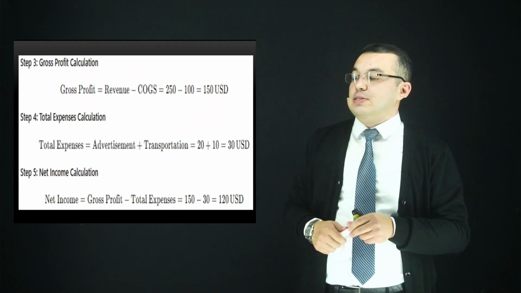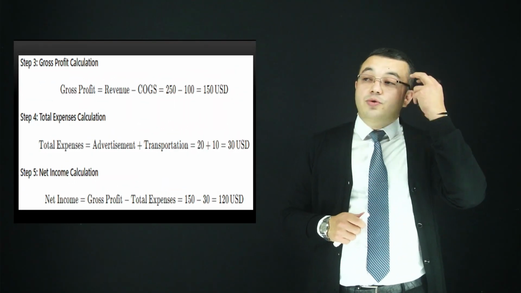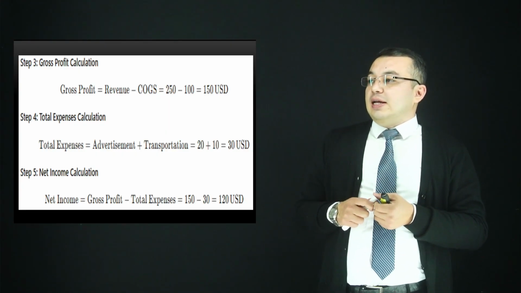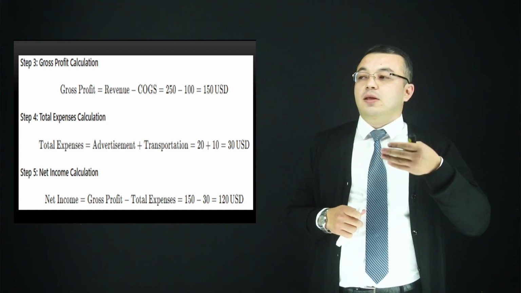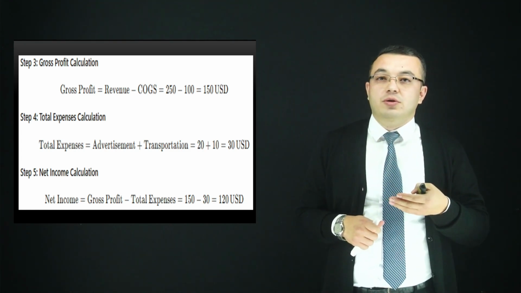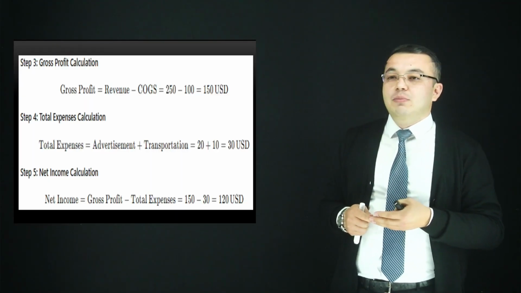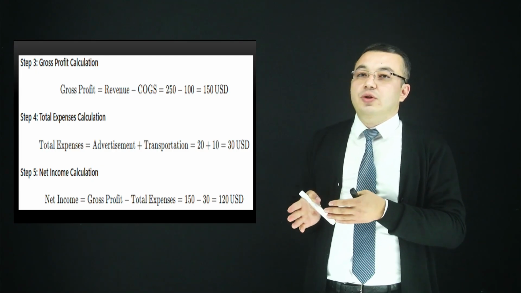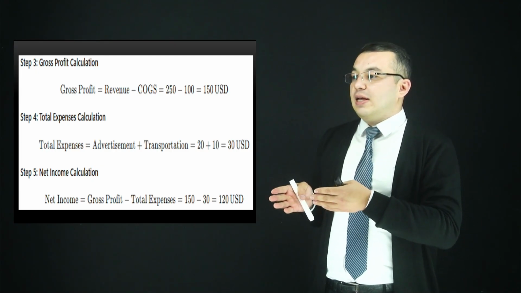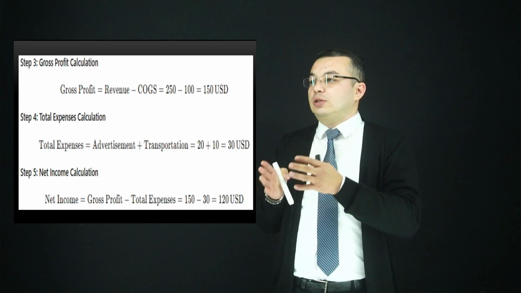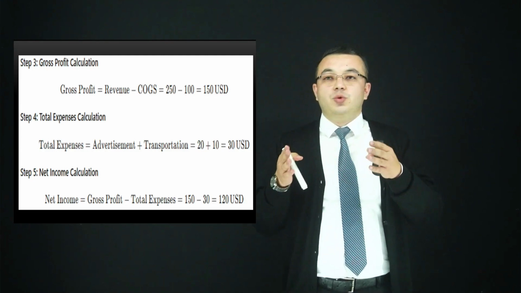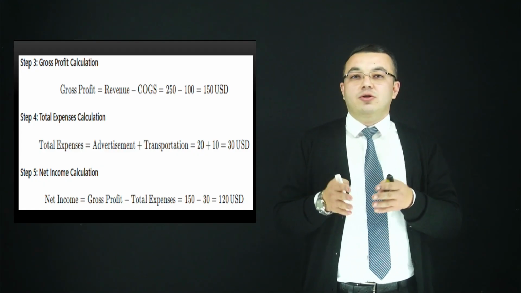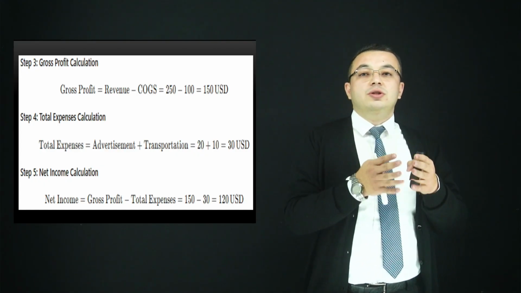And now the next step, step number 3, gross profit calculation. Here you can see that we have to subtract $100 from $250, which equals $150. The next step, step number 4, total expenses calculation. Here you can see that we have to add the advertisement and transportation money: $20 plus $10 equals $30.